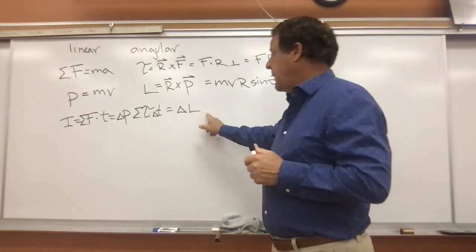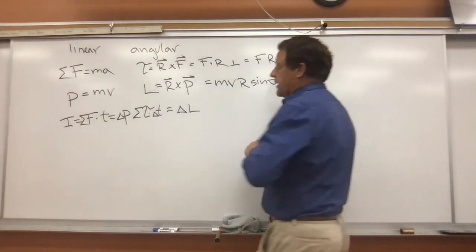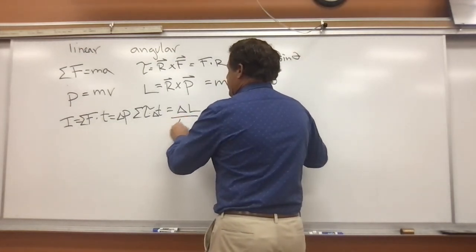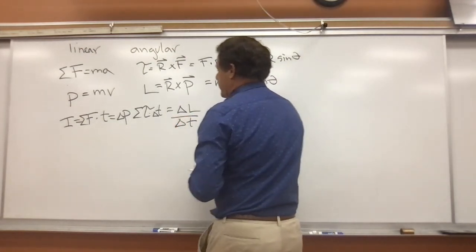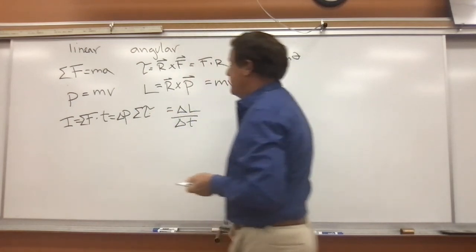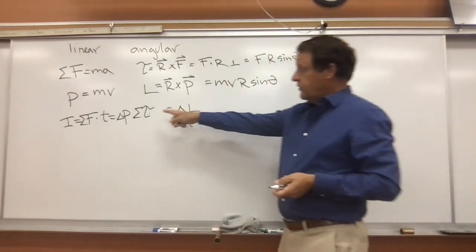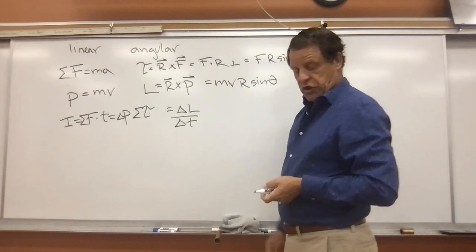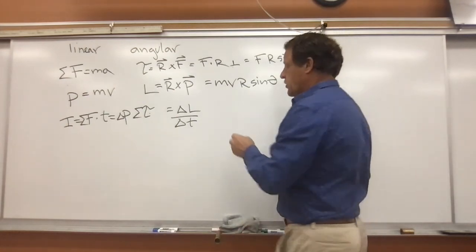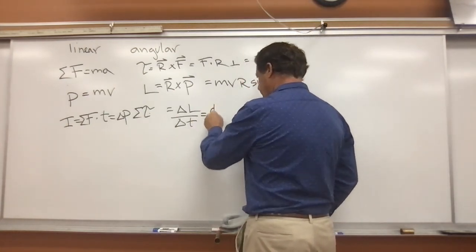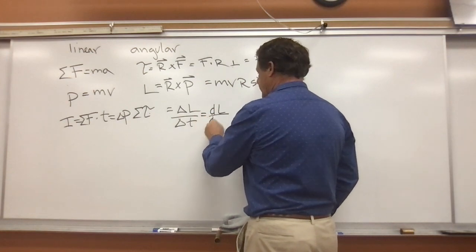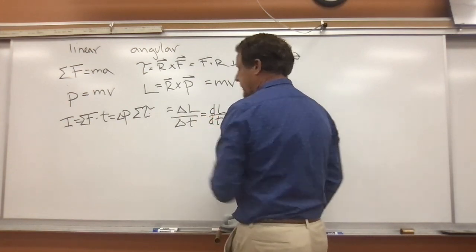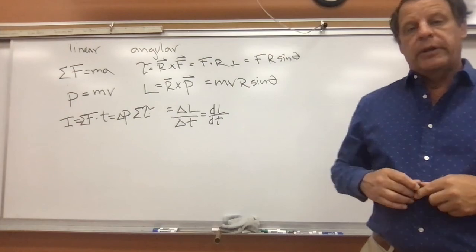If you look at dividing both sides by t, we can see that the sum of the torques is going to give us the change in momentum over time. We can think of that as the derivative with respect to time of that momentum.